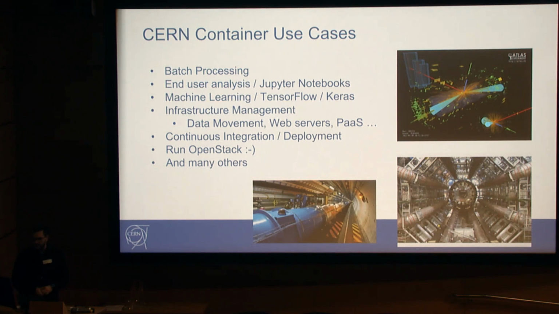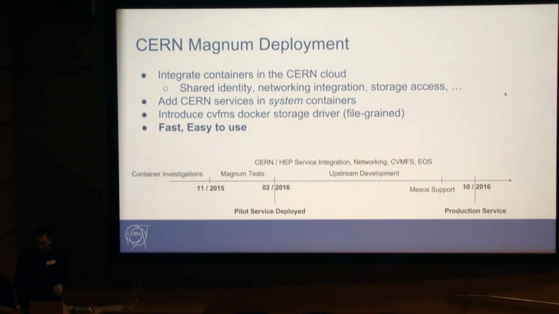Other use cases are infrastructure, web servers, etc. Continuous integration for us, and running some OpenStack services. For example, Horizon runs on Magnum, in a cluster that was created by Horizon before, running it on Magnum. That was very fun. And we also have new use cases with TensorFlow and machine learning.